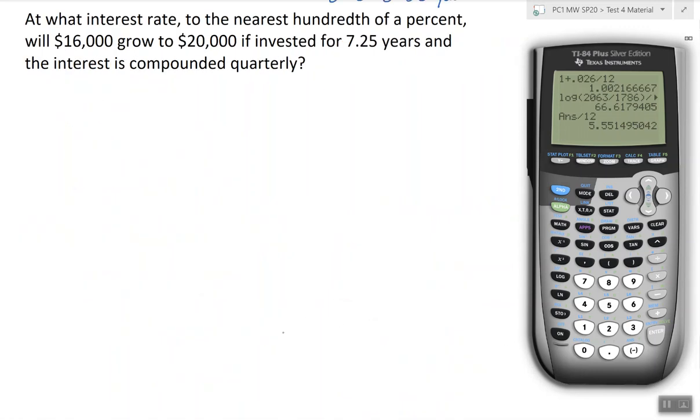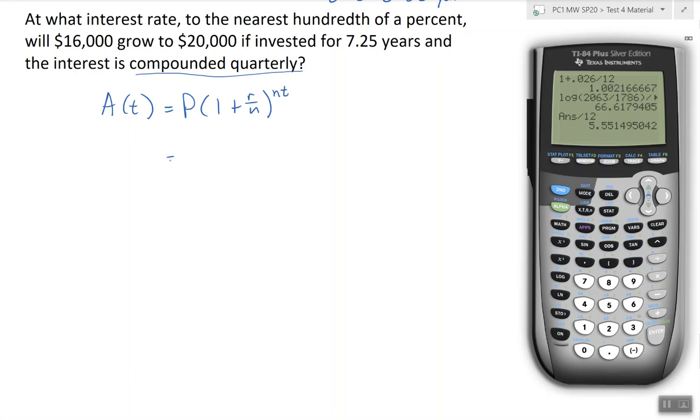The next problem, we're trying to find an interest rate. At what interest rate to the nearest hundredth of a percent will $16,000 grow to $20,000 if invested for 7.25 years, and the interest is compounded quarterly? So again, compounded quarterly means we're going to use this formula. A of t equals P times 1 plus r over n to the nt.